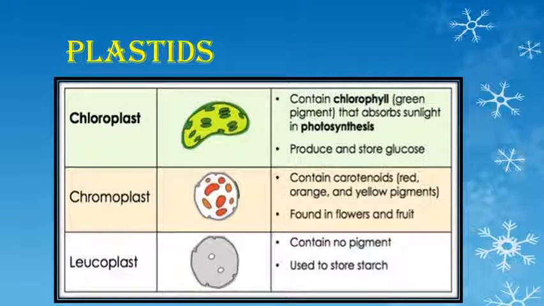It is only used to store starch. So students, in chloroplast, the green chlorophyll pigment is present. In chromoplast, carotenoids are present, which are red, orange and yellow pigments. And in leucoplast, no pigment is present.